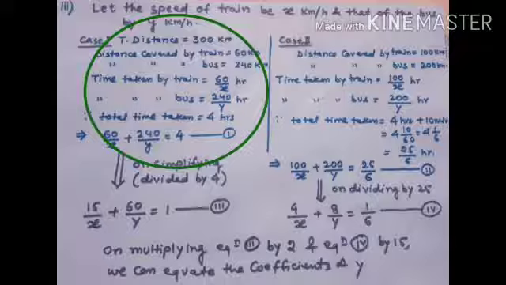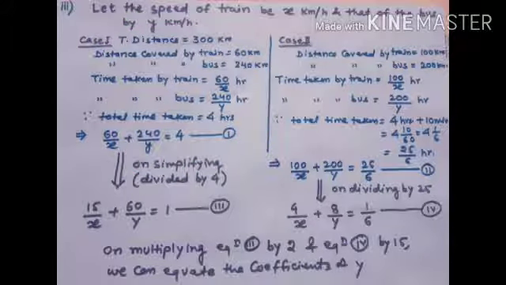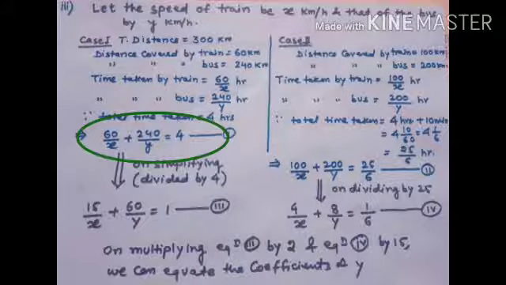Time taken by the train will be 60 divided by x, as we have considered the speed of train as x km/h. So the time taken by the train is 60 divided by x hour, and the time taken by the bus is 240 by y hour. And it is given in the question that total time taken is 4 hours. Now we can frame the equation as you can see on the screen.